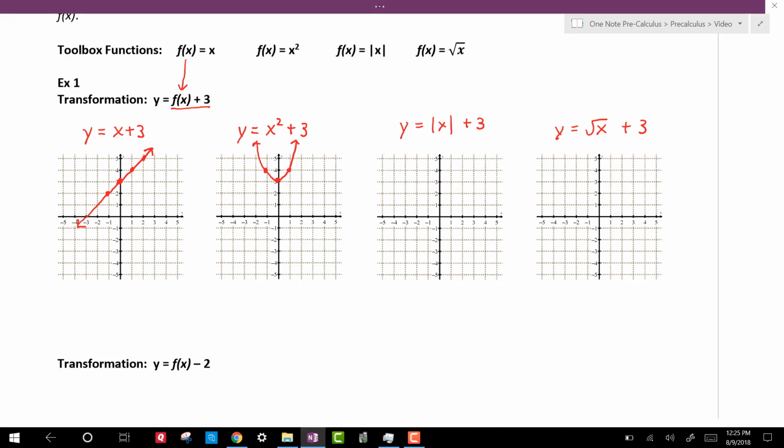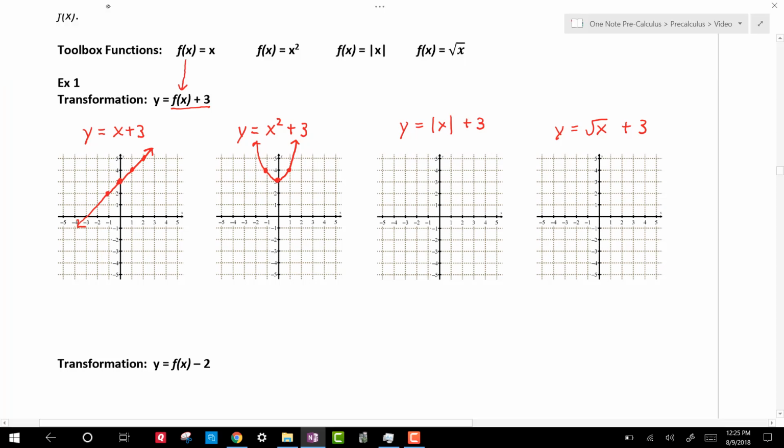Now if it helps, you can always graph the parent function on here too. Okay, so if it helps, you can graph your original parent function so you can kind of see what's going on with each one of these. All right. So that was the original, the parent function, and so you can easily see that that graph just slid up 3.